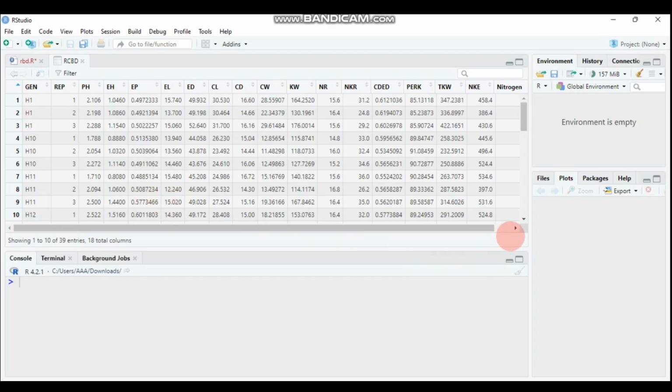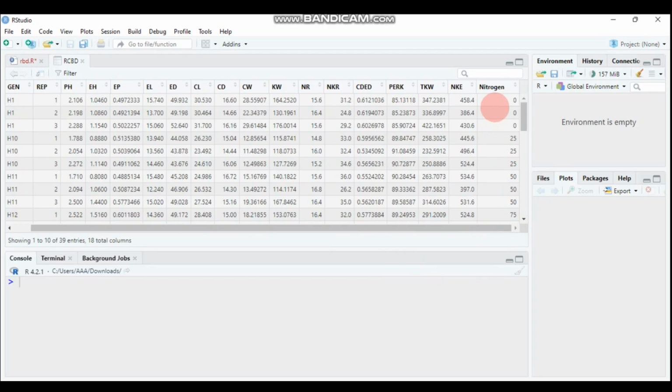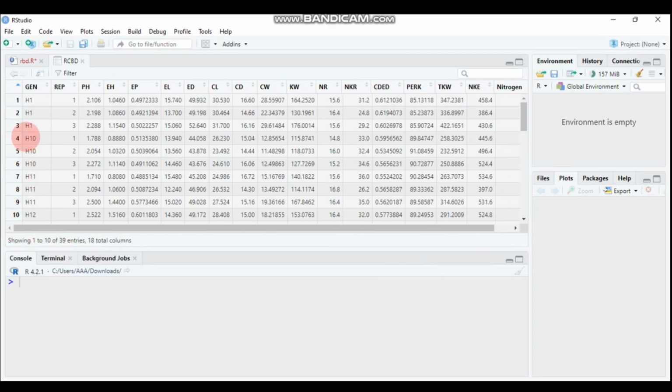And again, we also have a quantitative treatment, that means in terms of numerical, while the other is in terms of letters like A, B, C, D or anything. So you can assume that as qualitative. Then the remaining columns, starting from column 3 up to column 17, are our response variables, but we only look at pH, which stands for plant height.